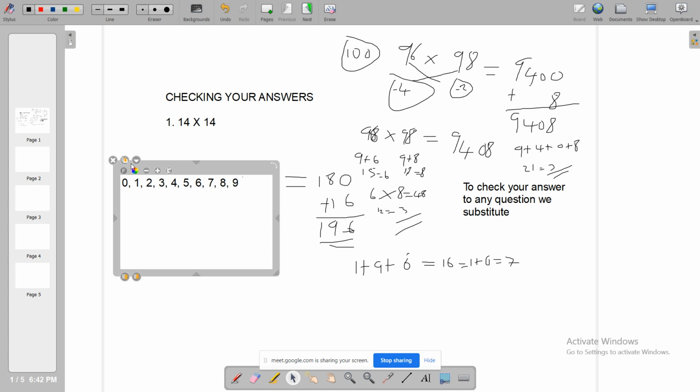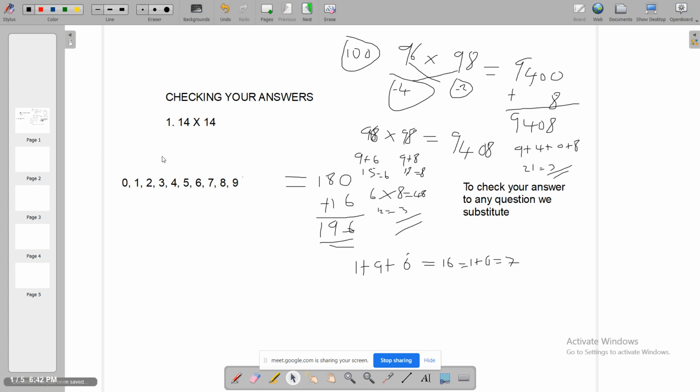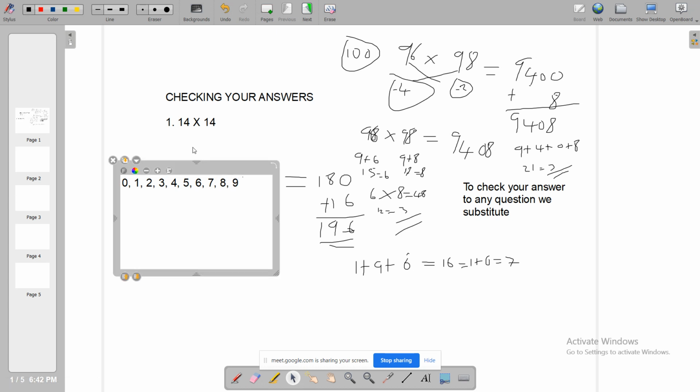This is the alphabet that we have in mathematics. All the other numbers are built upon these numbers. So if I have 90, 80, 12, whatever digit you have, it is built upon this. Let's see how to go about that.